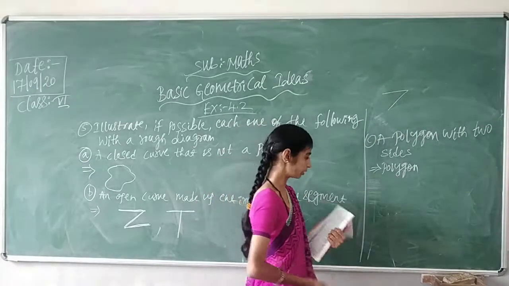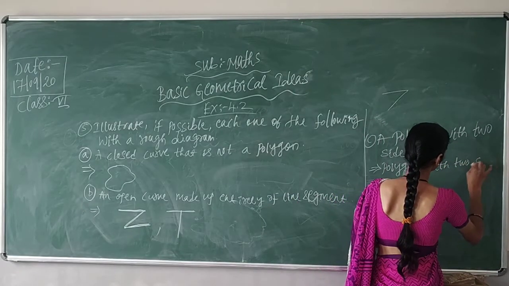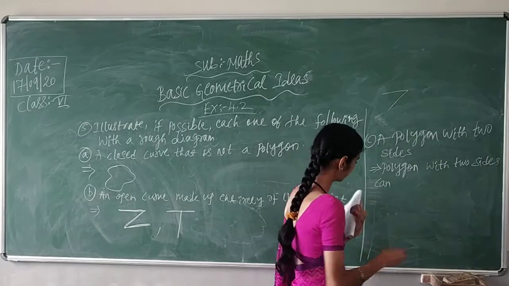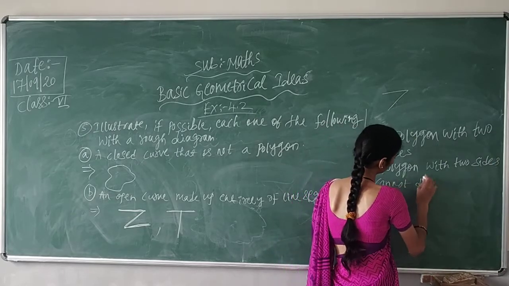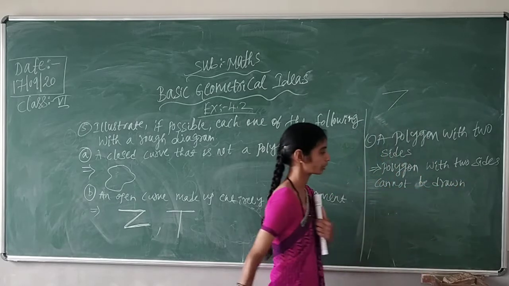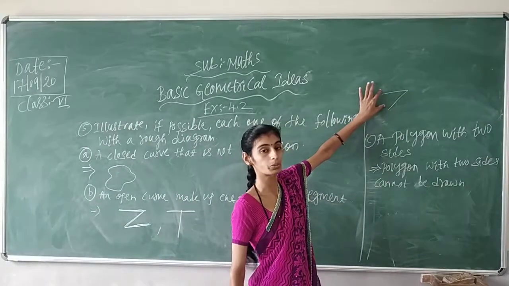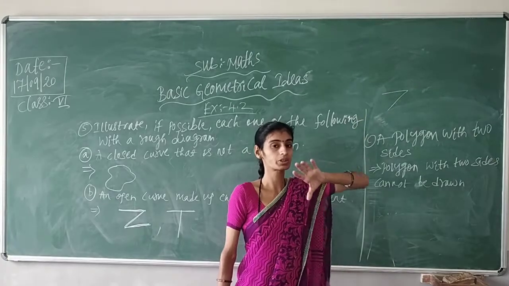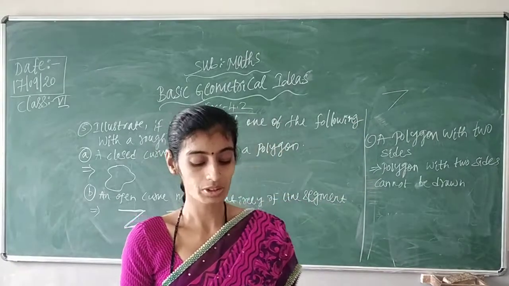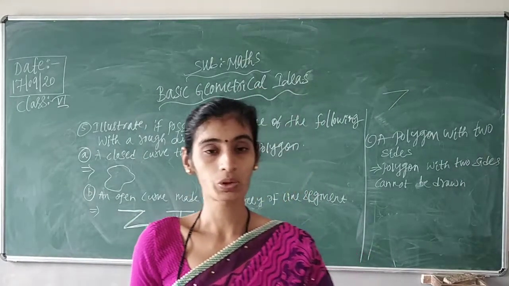So a polygon with two sides cannot be drawn. Why can we not draw it with two sides? Because it will become an open figure. But a polygon should be a closed figure and it should be made up of line segments. So this is all about exercise 4.2. I hope you all understood.